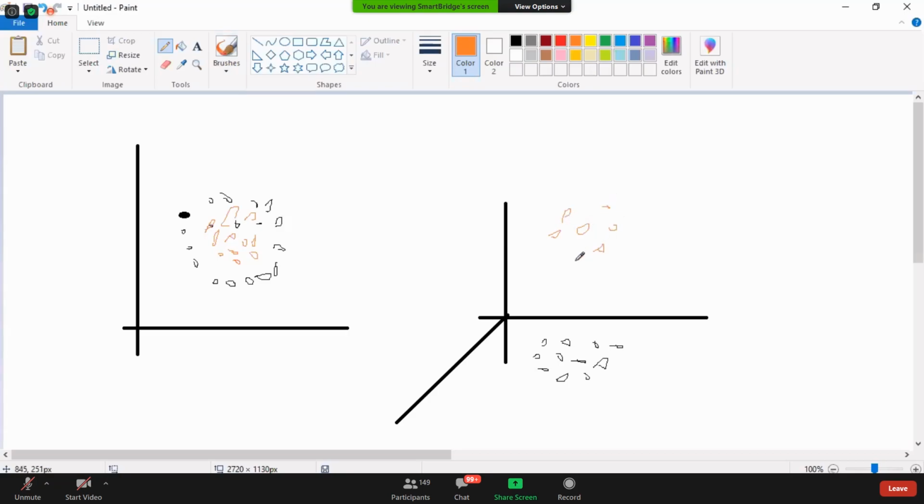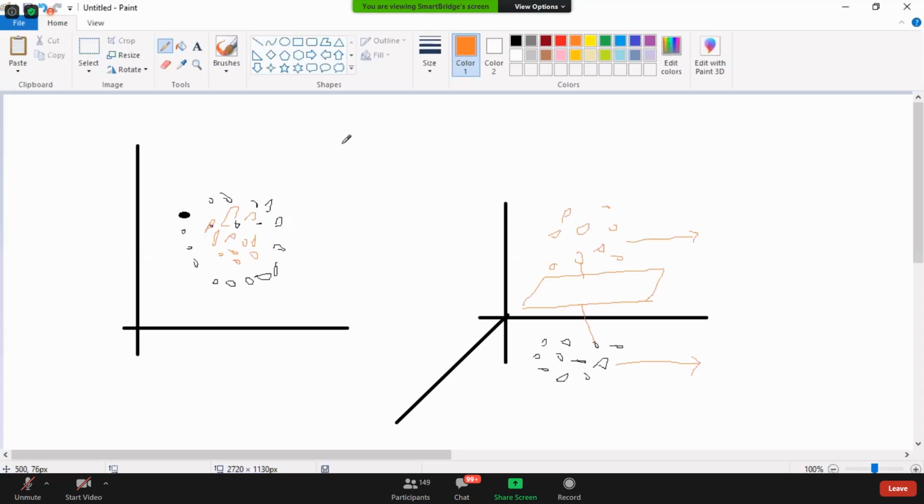Now I can happily separate this data with a hyperplane. Yes or no? So now whichever data comes below this is considered black, and whichever data comes above is considered white. Now here these are considered as the support vectors.